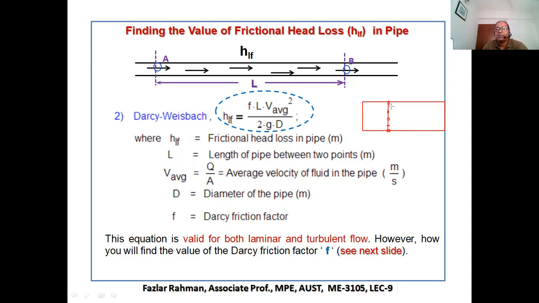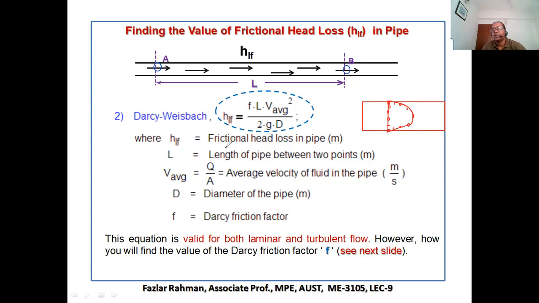But the next fluid element, say this one, will travel a little bit faster, and the one at the middle can travel more. Similarly, things happen on the other side. So if you draw the fluid velocity profile, it will be like that.